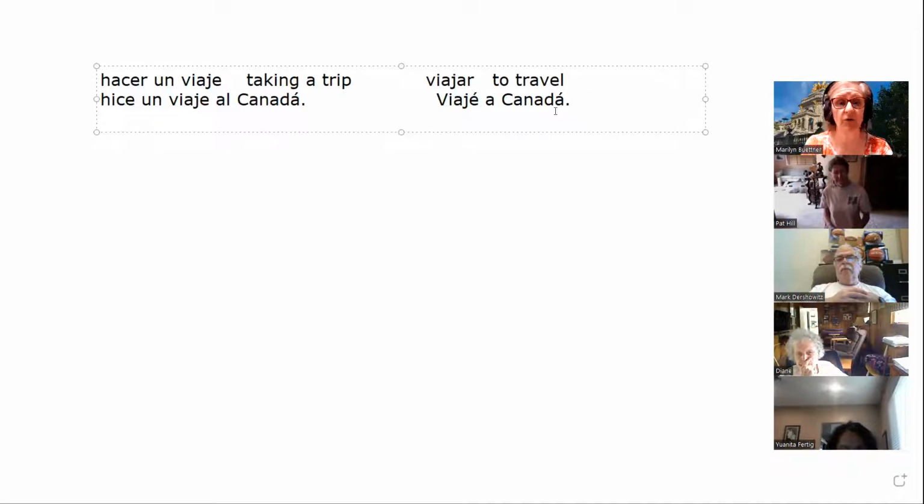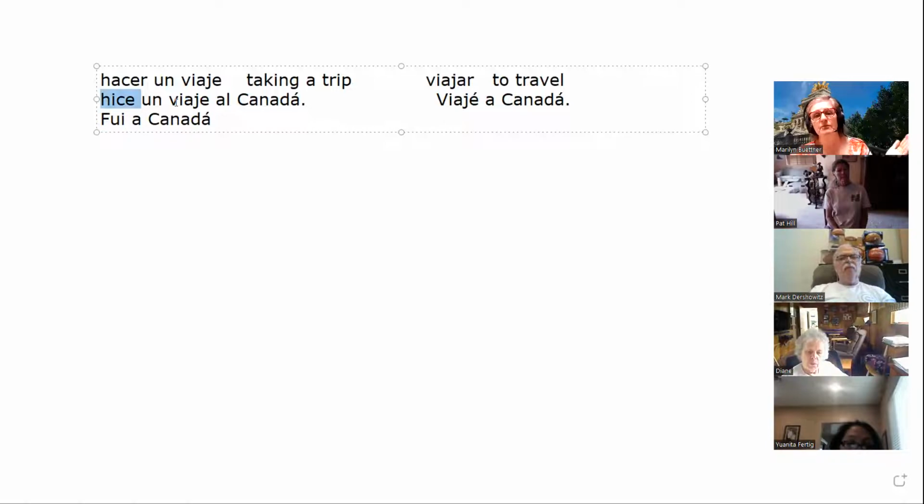You could also use fui a Canadá. Right? All those verbs kind of convey a very similar idea, but they all do different things because ir happens to be irregular, hacer happens to be irregular, viajar happens to be perfectly regular.